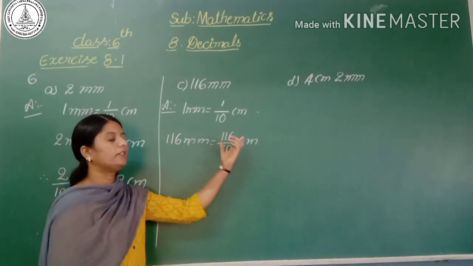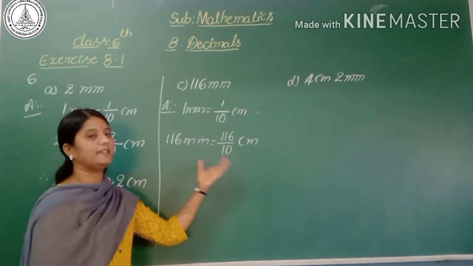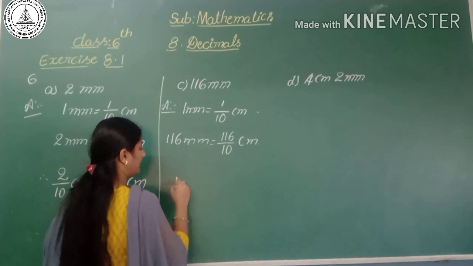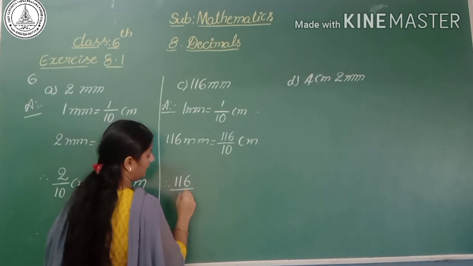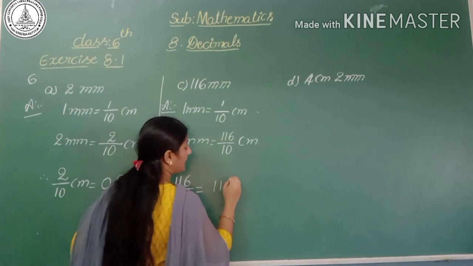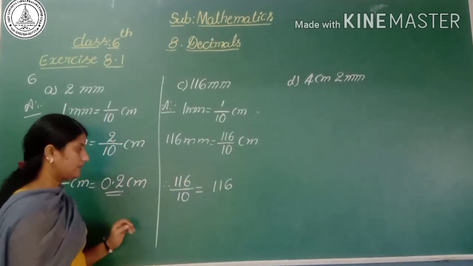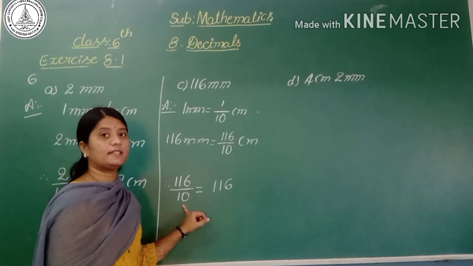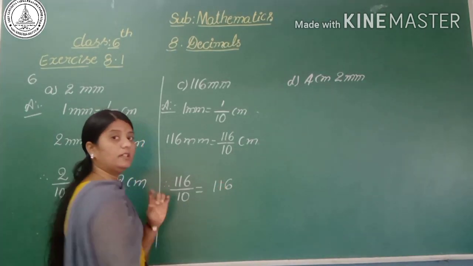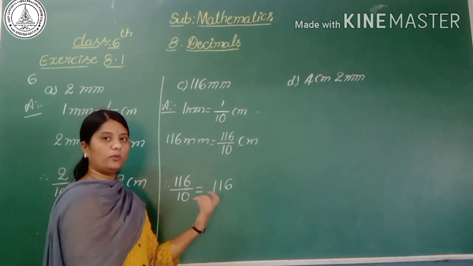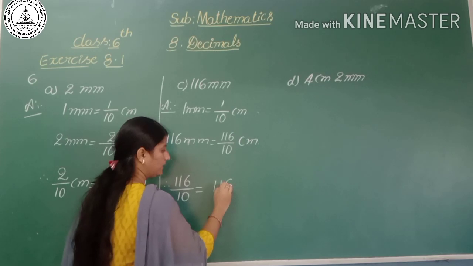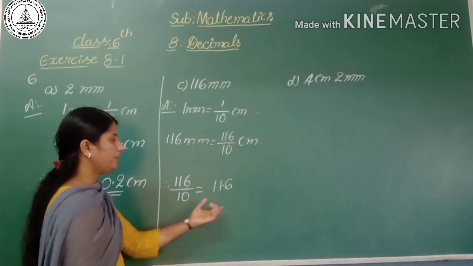Now write this fractional form in decimal form. 160 divided by 10: write the numerator as it is, 160. Now see here, in the denominator there is a ten, right? So we have to keep the point after the tens place, that is, after one digit. So here there is a 0, then 6, keep the point: 16.0, so 16 centimeters.